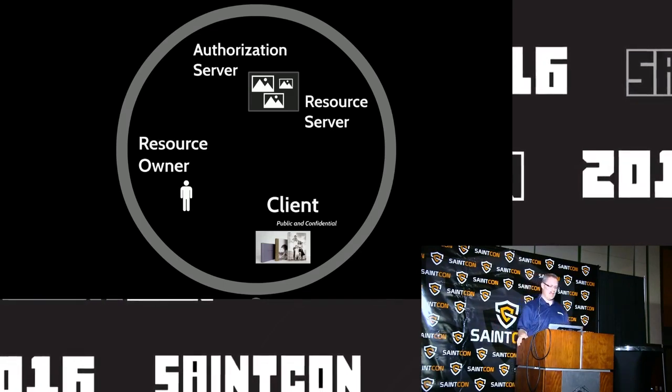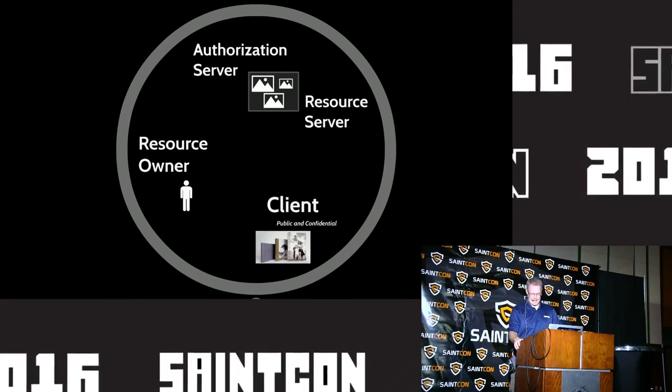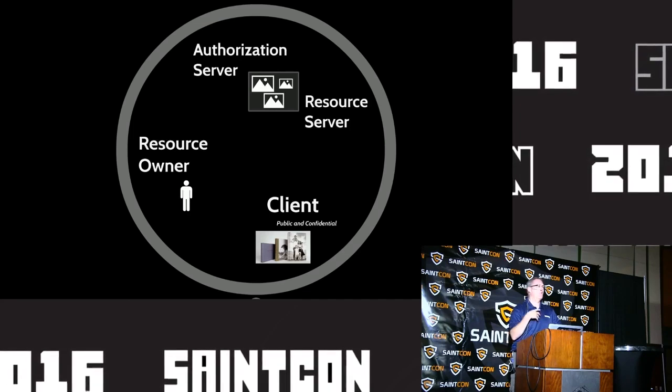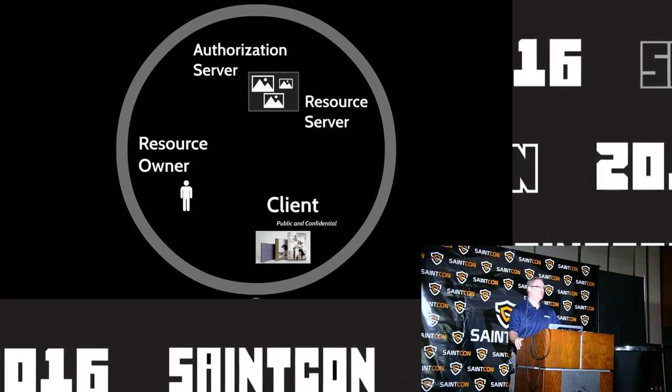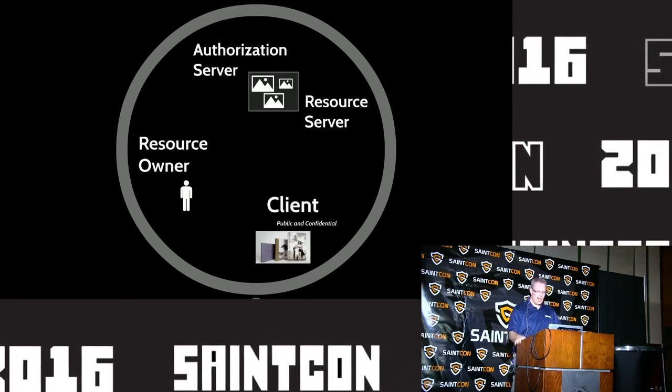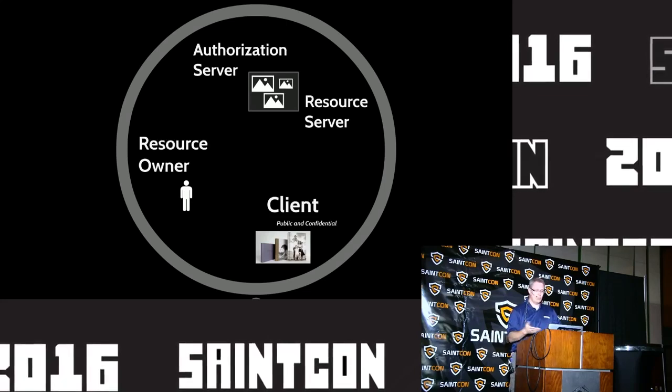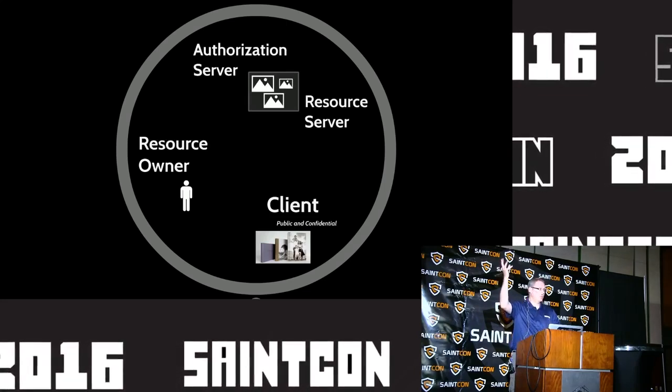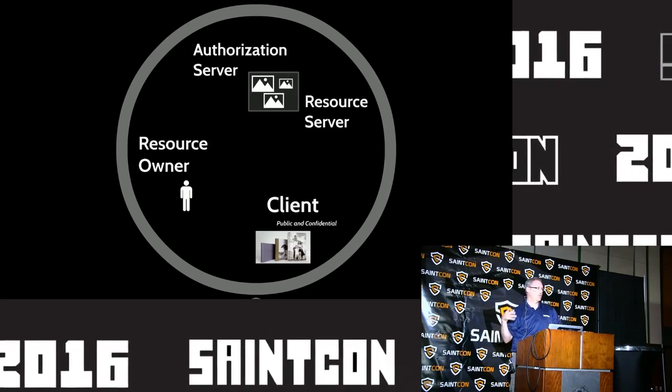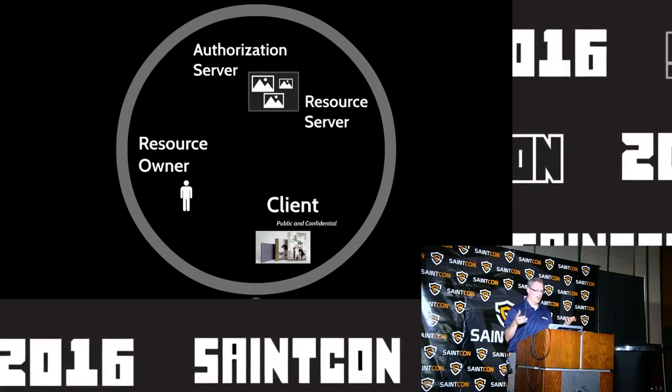You could think of it as, in this example, let's say it's a photo publishing, a copy print shop, and they're going to make a photo book. So we're going to pull images from the resource server, and this print shop is going to make a photo book for you.